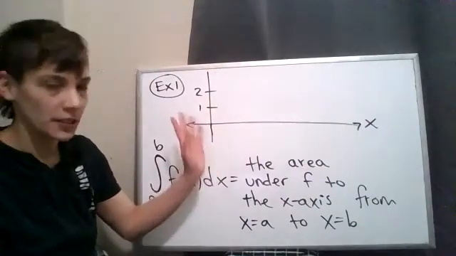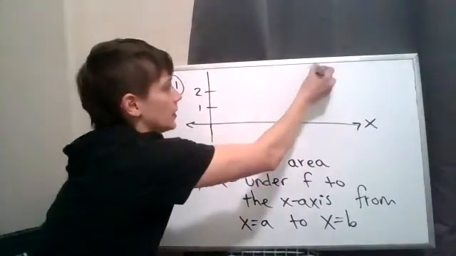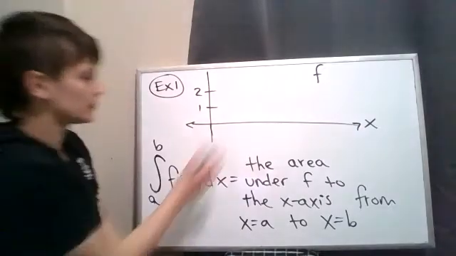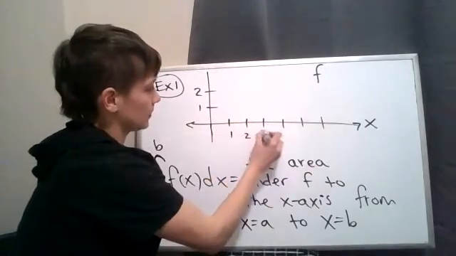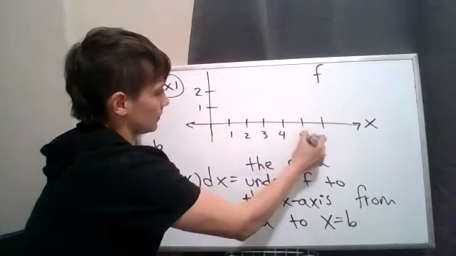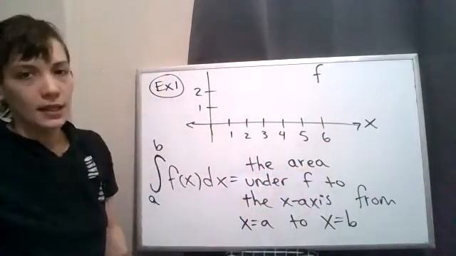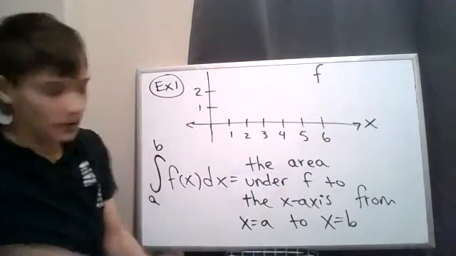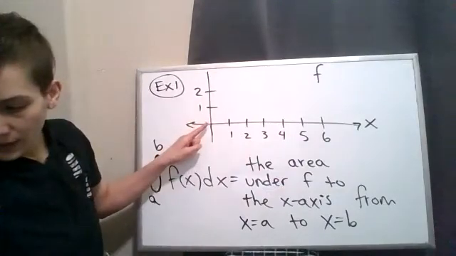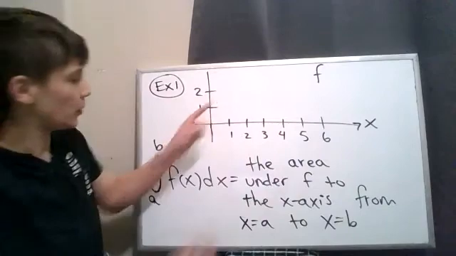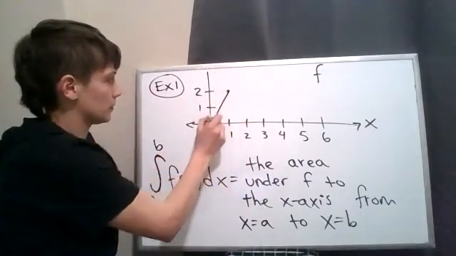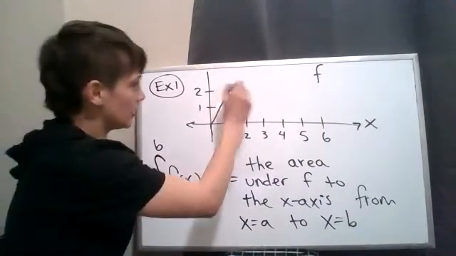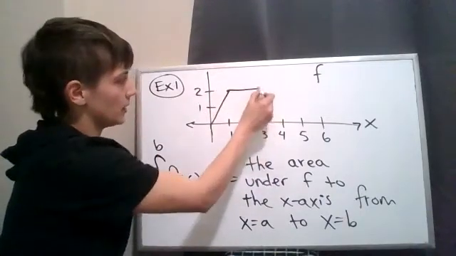Okay, so the function is called f. Put that over here. It goes from 0, 0 straight to the point 1, 2. And then over flat right above 3.